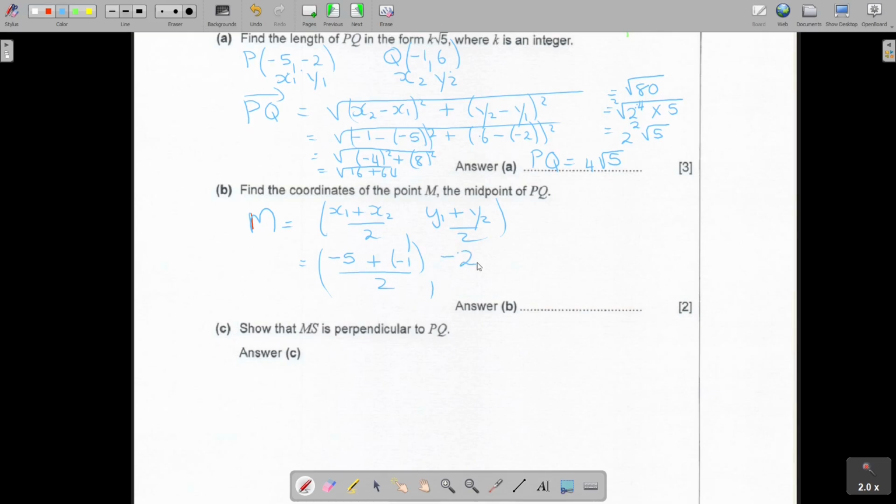Negative 2. And in the place of y2, I put 6. And I divide by 2. Okay, and that is going to be negative 6 over 2, and that is going to be 4 over 2. And if I write that, M is equal to negative 3 over 2.